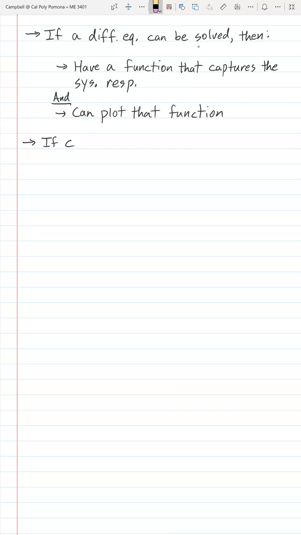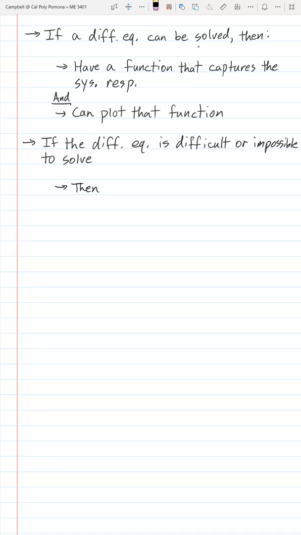Let's actually just frame it this way. If the differential equation is difficult or impossible to solve, clearly then we can't find a closed form function.